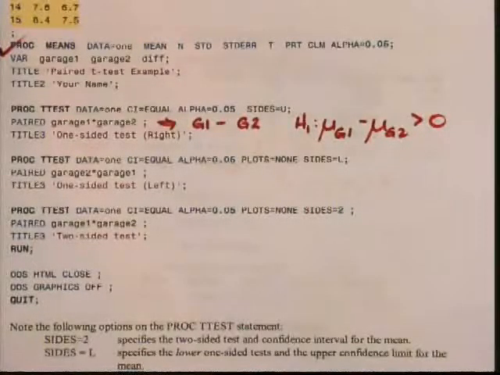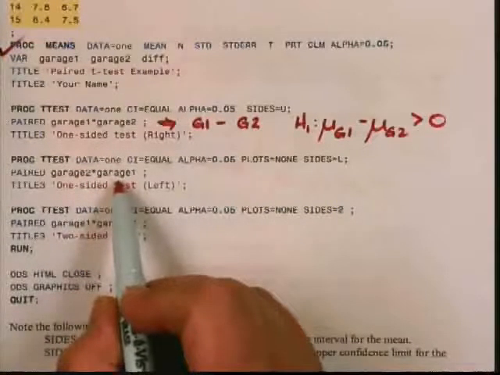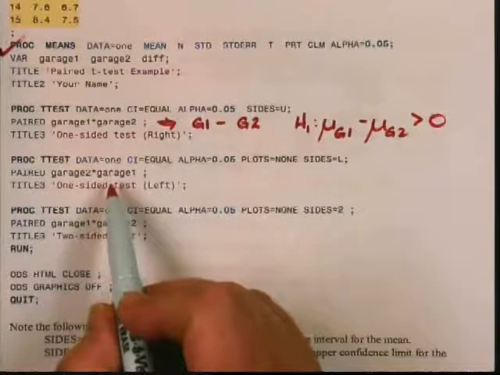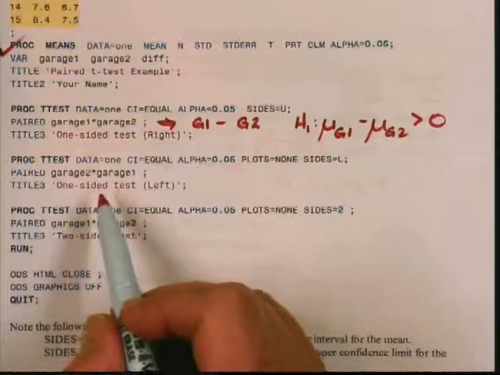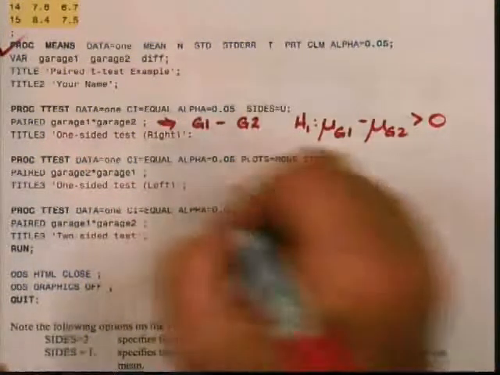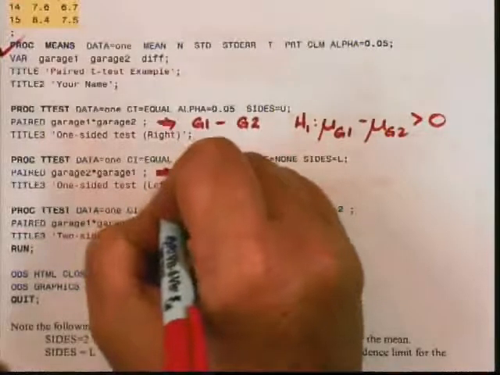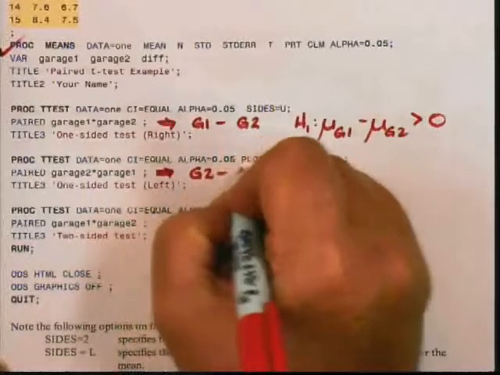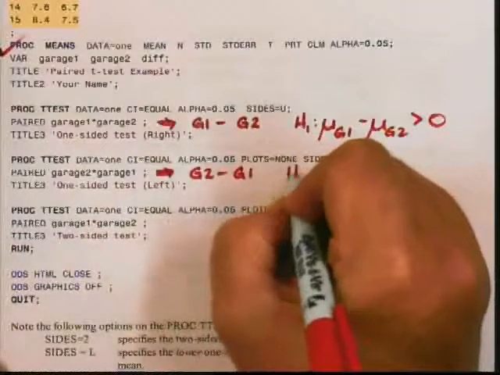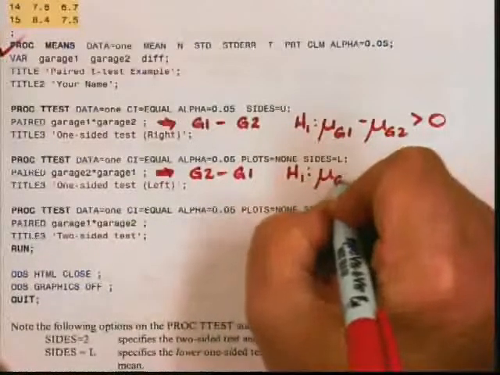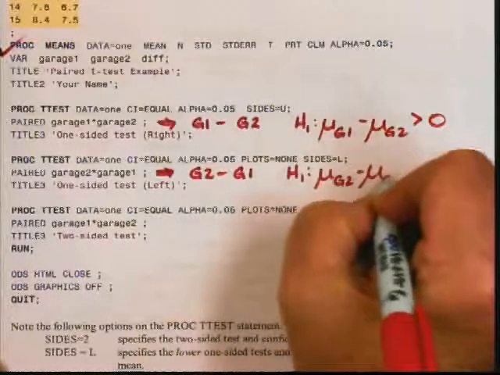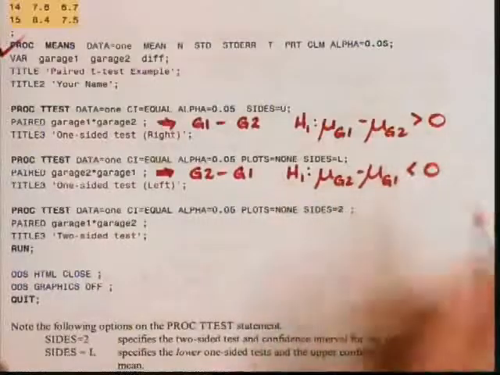Now again, whether this becomes a right-hand test or a left-hand test is up to you. Okay, so if you did 2 minus 1, then it becomes a left side test. Here this is telling me it's going to do garage 2 minus garage 1. And we're testing whether that's less than 0.